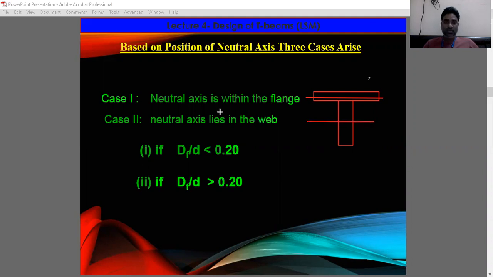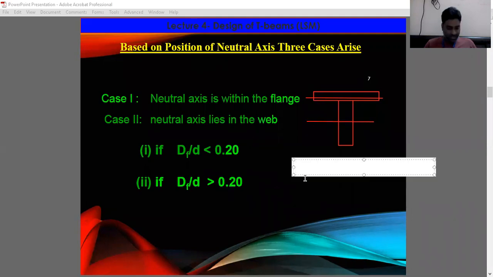So how can you define or classify these two? If the depth of the neutral axis is within the flange, it means Df is greater than xu, or xu is less than Df.